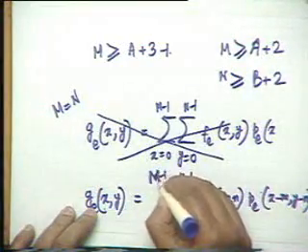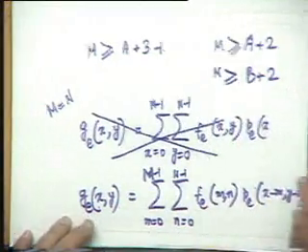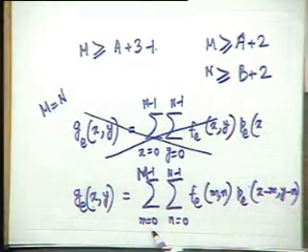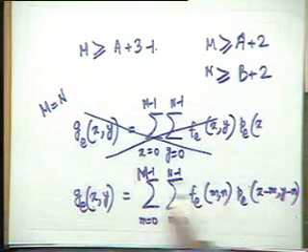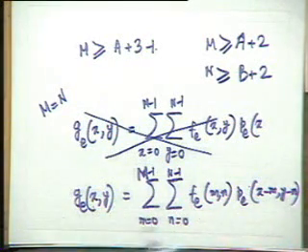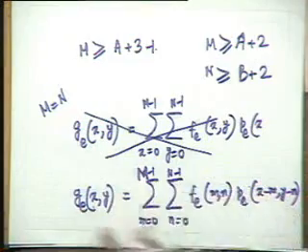Let us take the extended image size to be m by n only, so that m goes from 0 to capital M minus 1. Since this is the expression for the convolution, we can now represent it in matrix form.